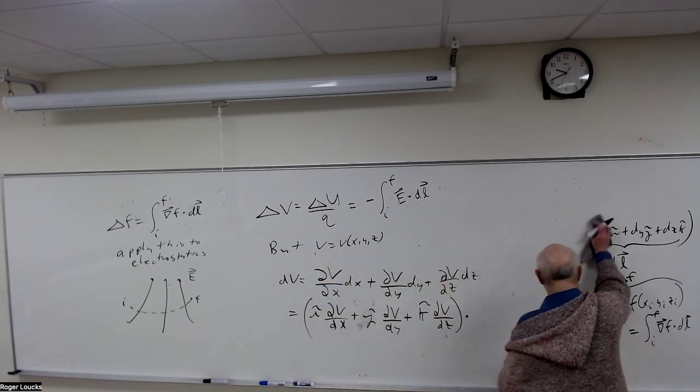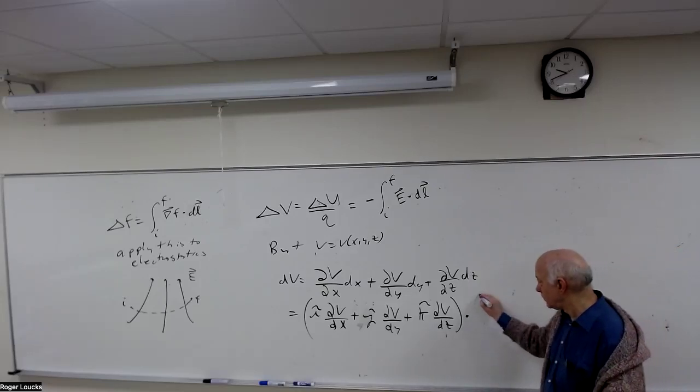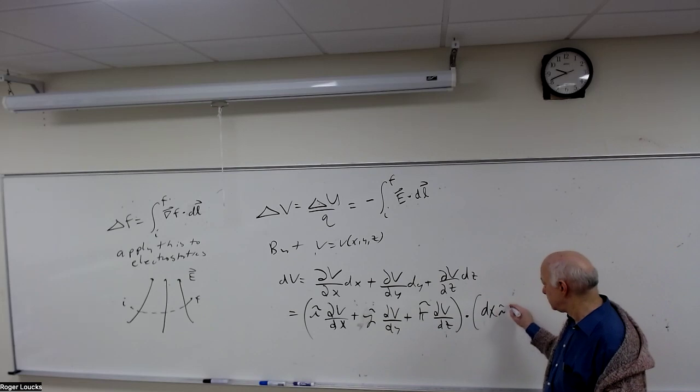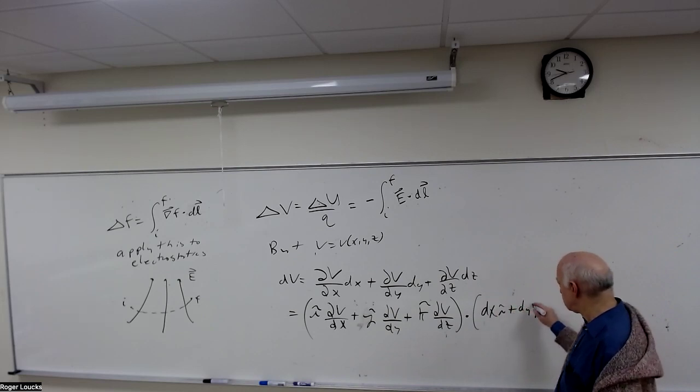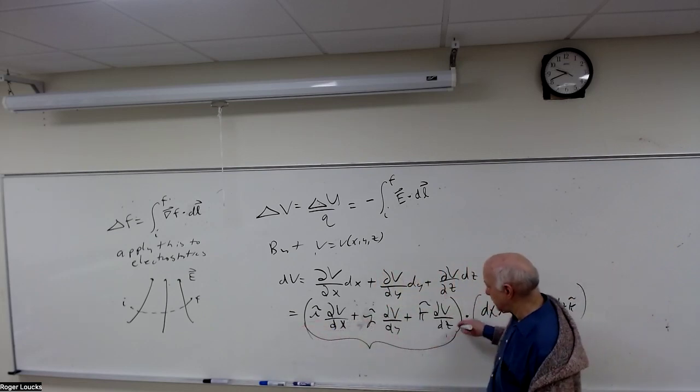What am I left over with here? dx i hat, dy j hat, dz k hat. Hey, what crazy name do we give this whole thing here?